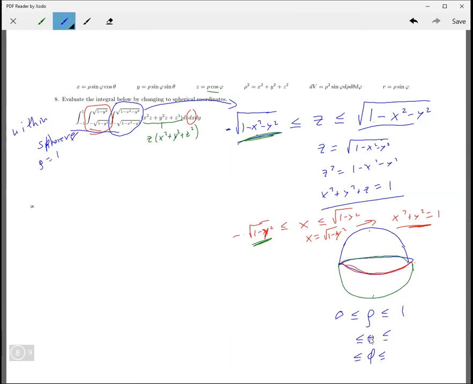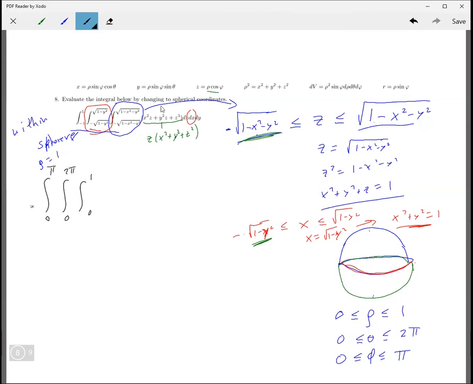So that's going to go from 0 to 1, this is going to go from 0 to 2 pi, and this is going to go from 0 to pi. That's integrating across the whole sphere. So 0 to 1, 0 to 2 pi, and 0 to pi.